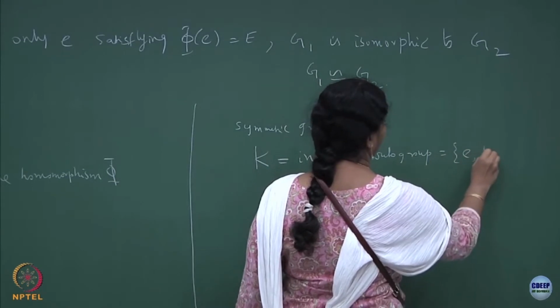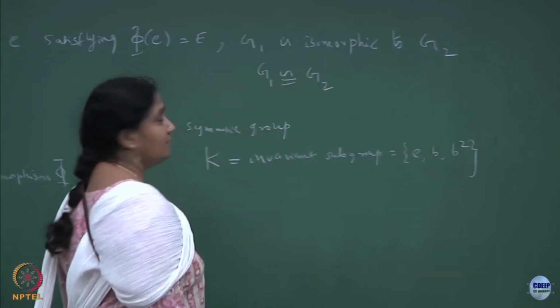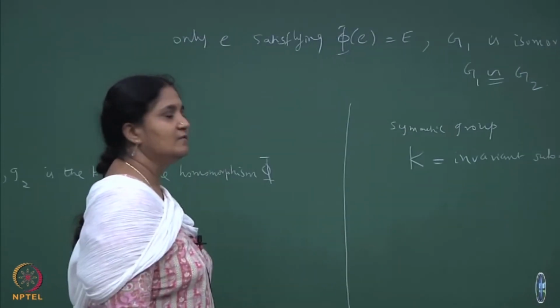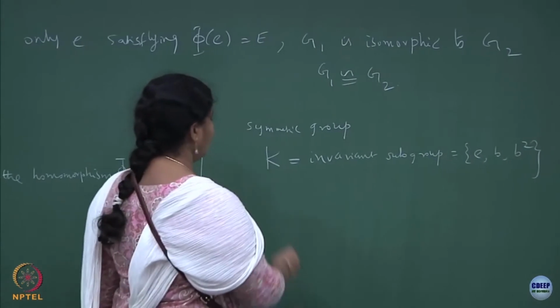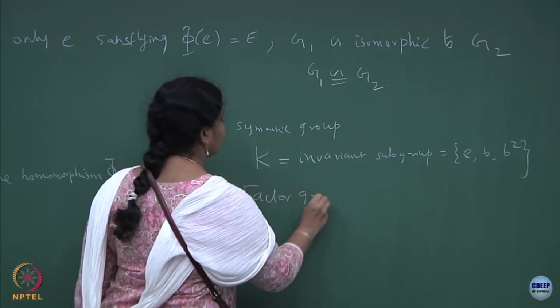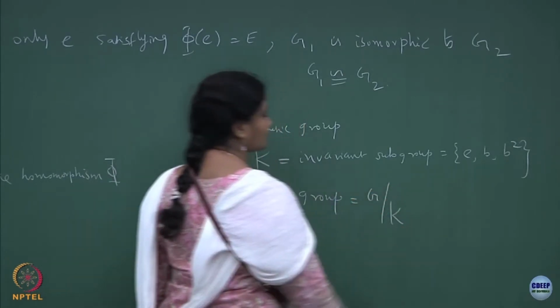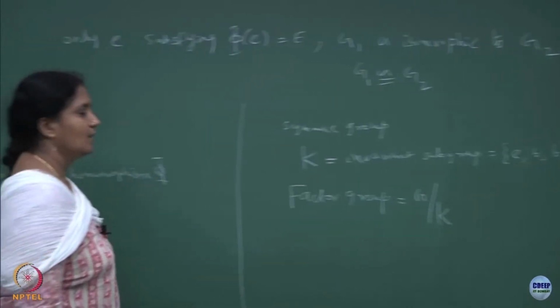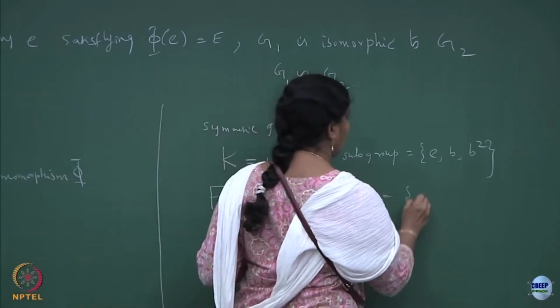That one had E, B and B squared, right. This has an invariant subgroup which is this, and then we looked at a factor group which is G mod K, correct, and this G mod K was just E and A.